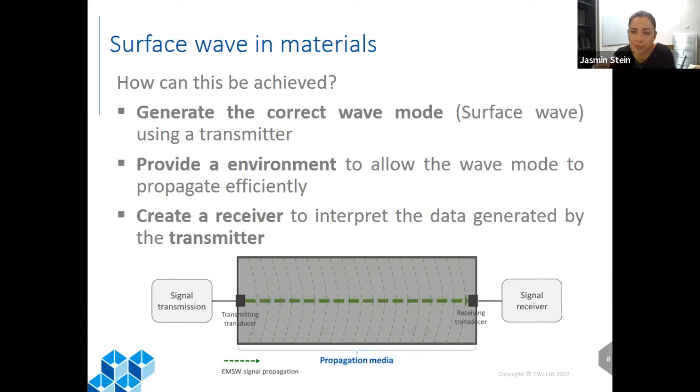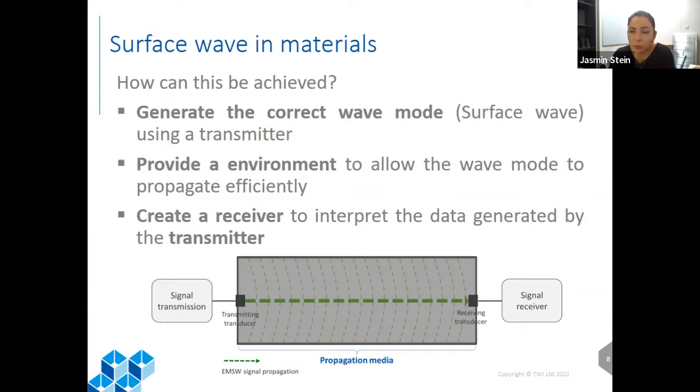If we want to send the signal through a material, then what are the requirements? You need to generate the correct waveform in order to launch an electromagnetic surface wave. Then you need the correct media so that you can send the signal a very long distance, depending on your requirement.